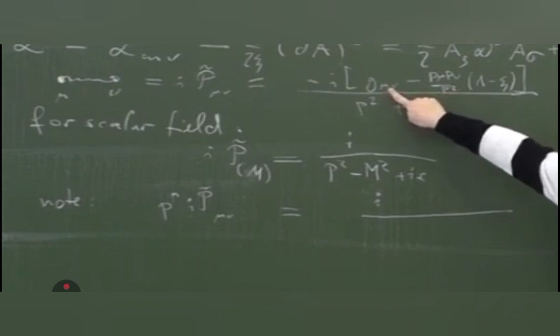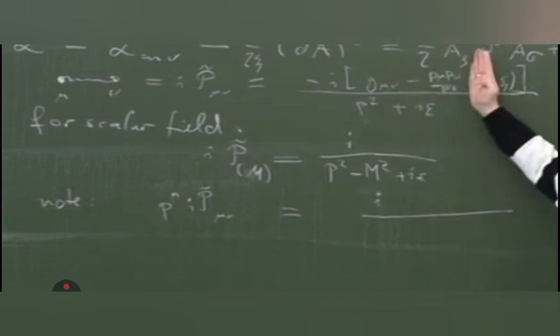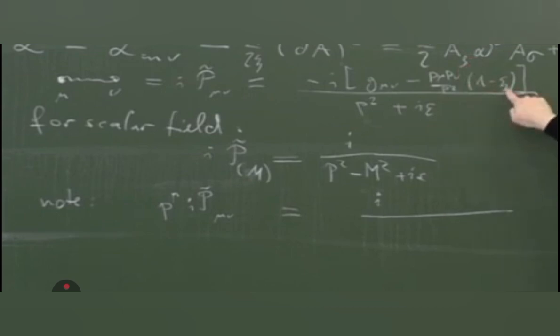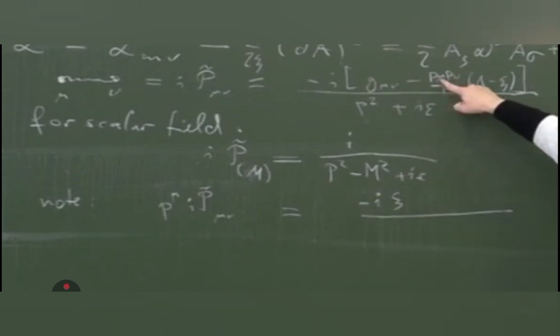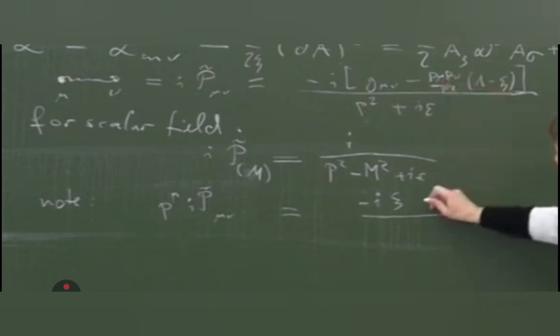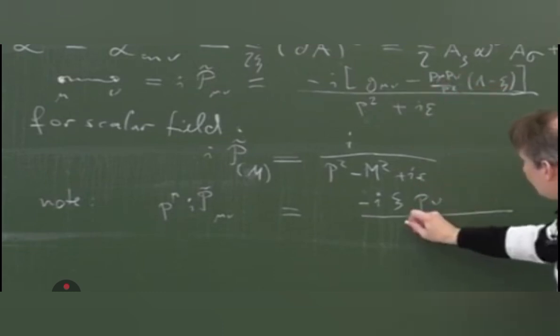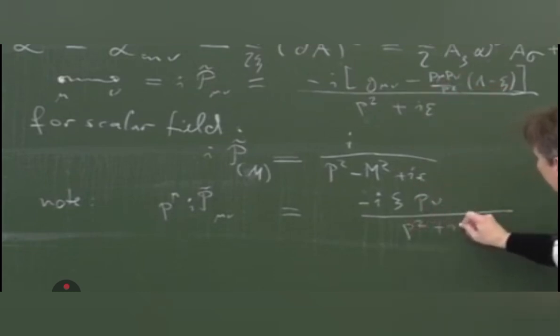It is a projection operator in the sense of mathematics: if you square it, it gives itself back. And it is orthogonal to p^mu, so if you contract with p, it gives 0. But the psi term remains, and it is minus i times psi, where the p squared drops out, and what remains is p_nu over p squared plus i epsilon.